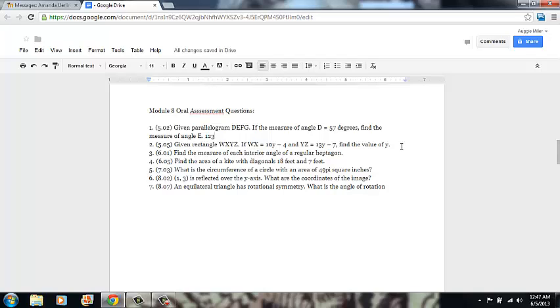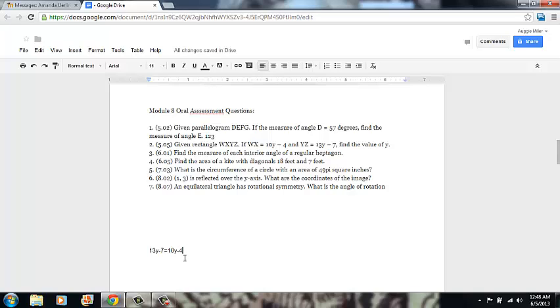Since it's a rectangle, the opposite sides are going to be congruent. So 13y minus 7 equals 10y minus 4.